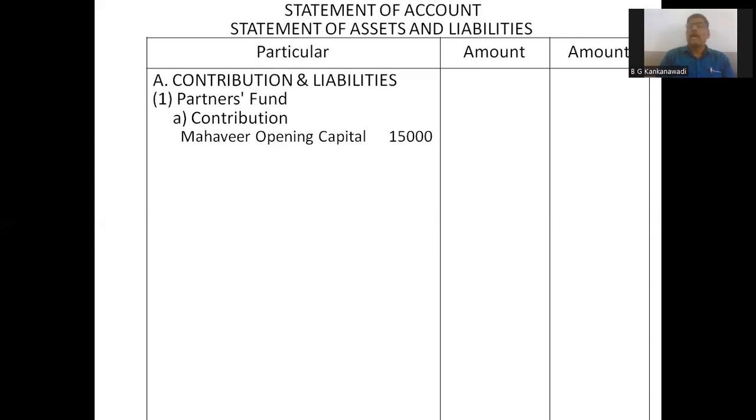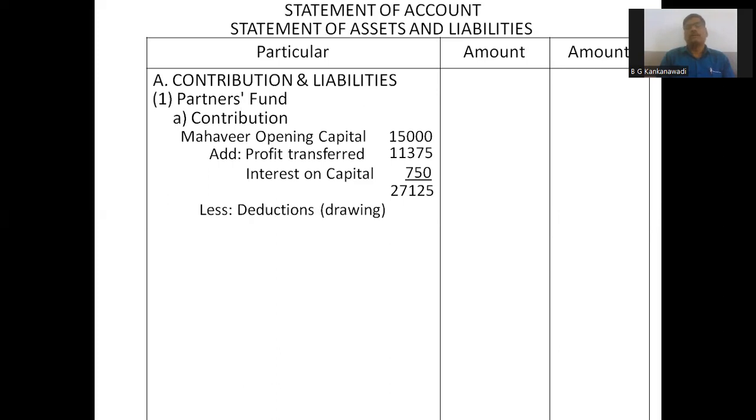For this, you add interest and share of profit. Share of profit is 11,375. Interest on capital is 750. You take the total. Out of this total, you deduct the drawing. Drawing is 5,000. Balance of capital connected with Mahavir is 22,125. Next, you take the capital of Bahubali. Opening capital 10,000.